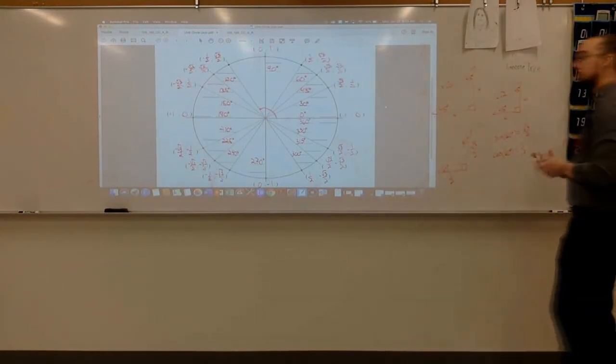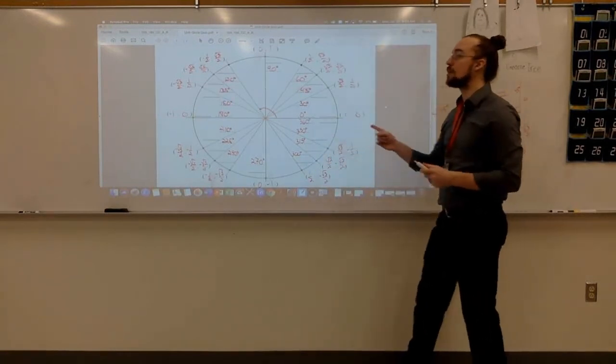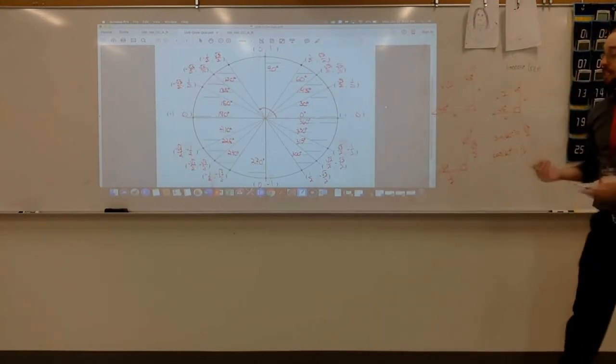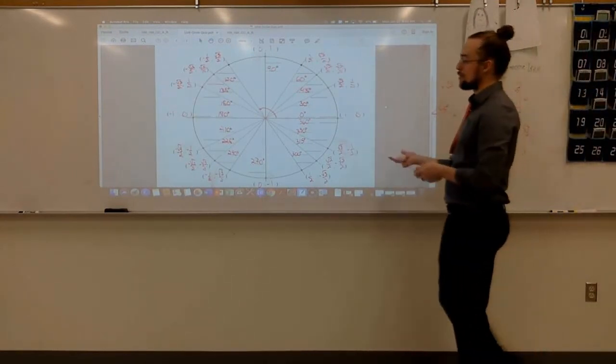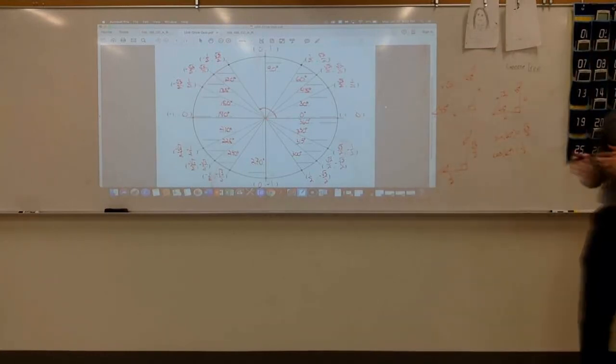So this information tells me the sine and cosine of any of these angles. The cosine is the x value for the unit circle, and the sine is the y value.